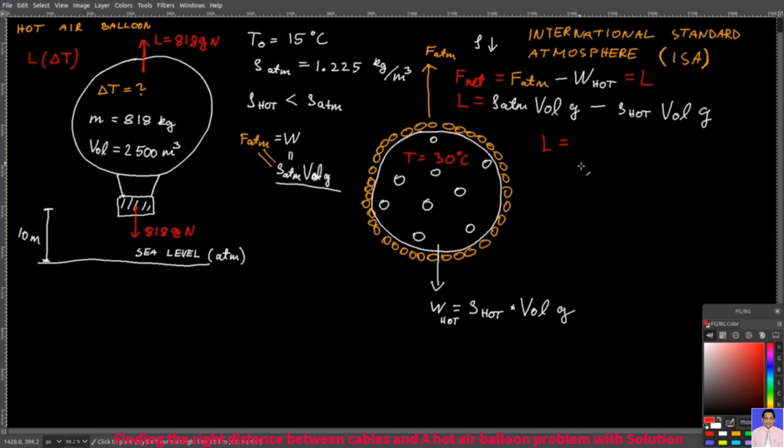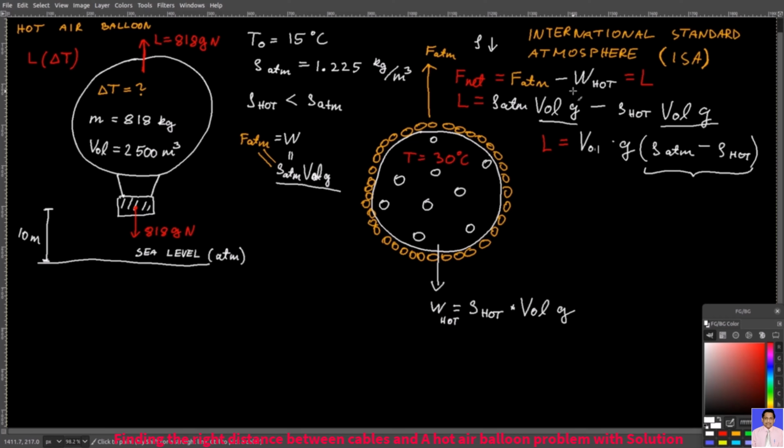We can also rewrite it like this: the volume times G, we factor them out from here, and then you have rho ATM minus rho hot. So you can see that the bigger the difference of the air densities here, the bigger the lift that you have upwards.